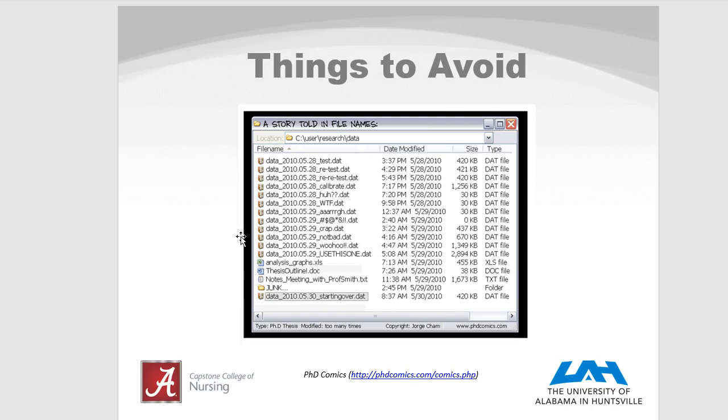Some people organize by just different things. But I would encourage you to come up with some sort of system for yourself that is reliable and consistent, so that you don't have any trouble finding the files that you need and in the way that you need to find them. So again, I would encourage you all to explore a bit, and feel free to contact me with any questions.